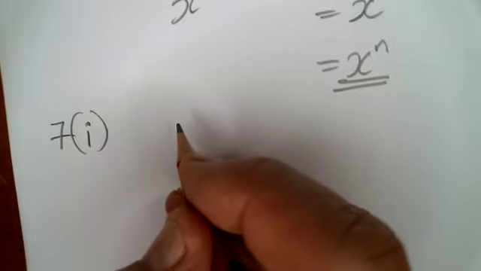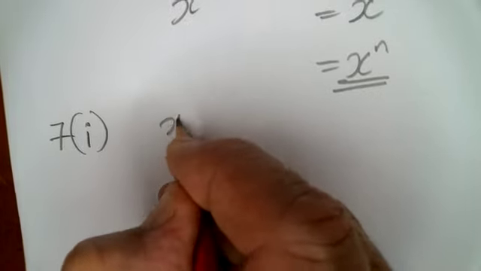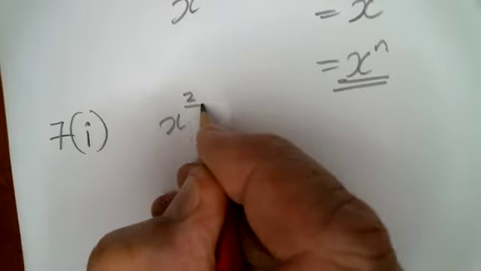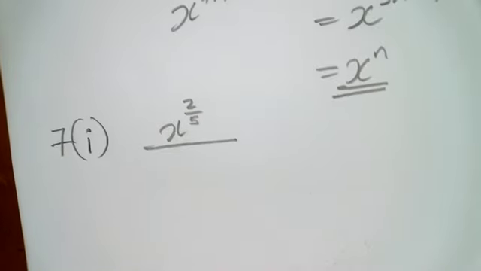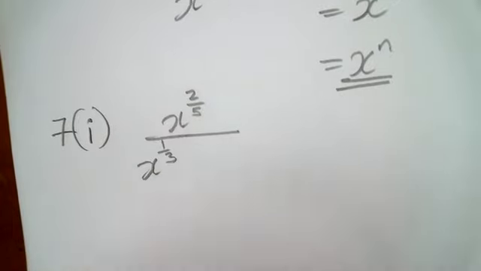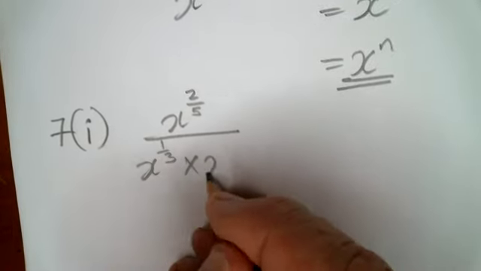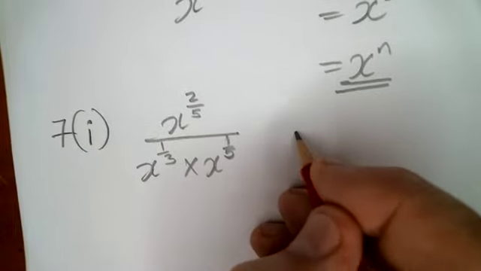I was going to make sure I'm writing down the right one here. So I've got x to the 2/5 over, sorry, it's a bit out of focus, sorry about that, x to the 1/3 times x to the 1/5. All right.